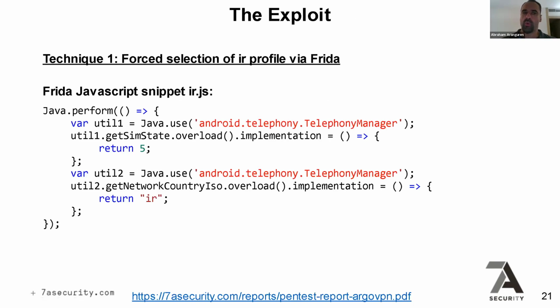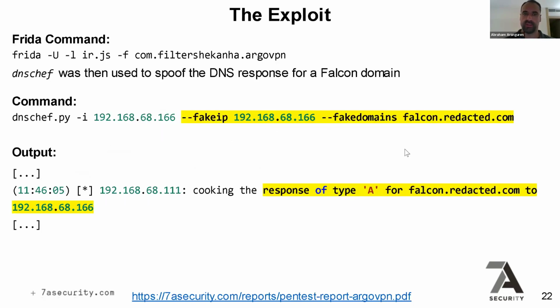So for this attack, we had to simulate that we are in Iran, even though we are not. So we use Frida, as Alex showed before, to instrument the application so that it would behave as if it was in Iran, so that we can test for this thing.